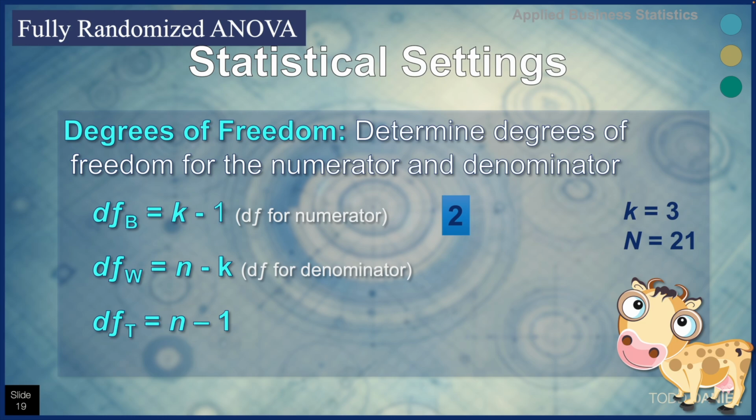Degrees of freedom within is n minus k, or 21 total coffee plants being planted minus the 3 groups for a difference of 18. And our degrees of freedom total, as it always is, n minus 1. We have 21 total participants, we'll think of them as. Therefore, the degrees of freedom total will be 20.